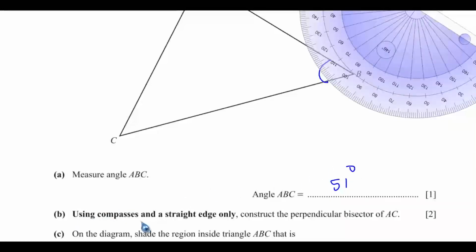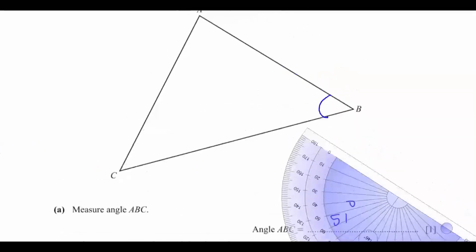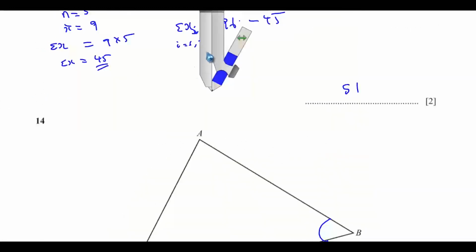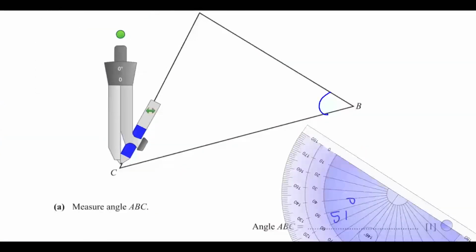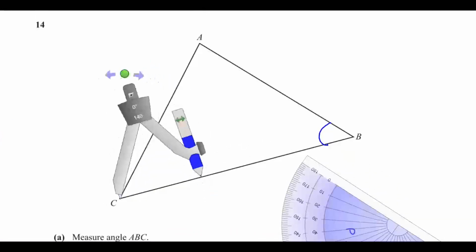Using compasses and a straight edge only, construct the perpendicular bisector of AC. So AC, this. Let's pick a pair of compasses. Then we need to bisect AC, center at C. Let's open a radius that is a little bit more than AC, like this.